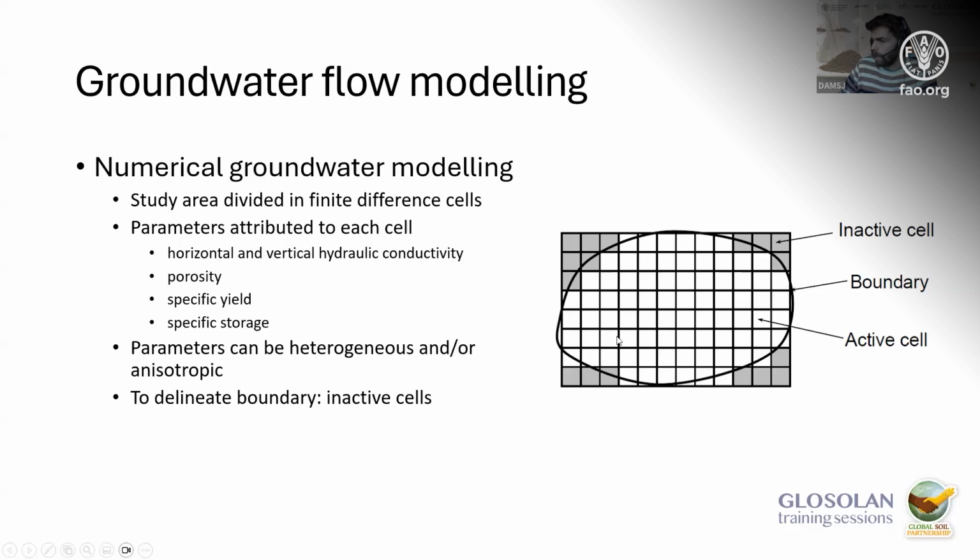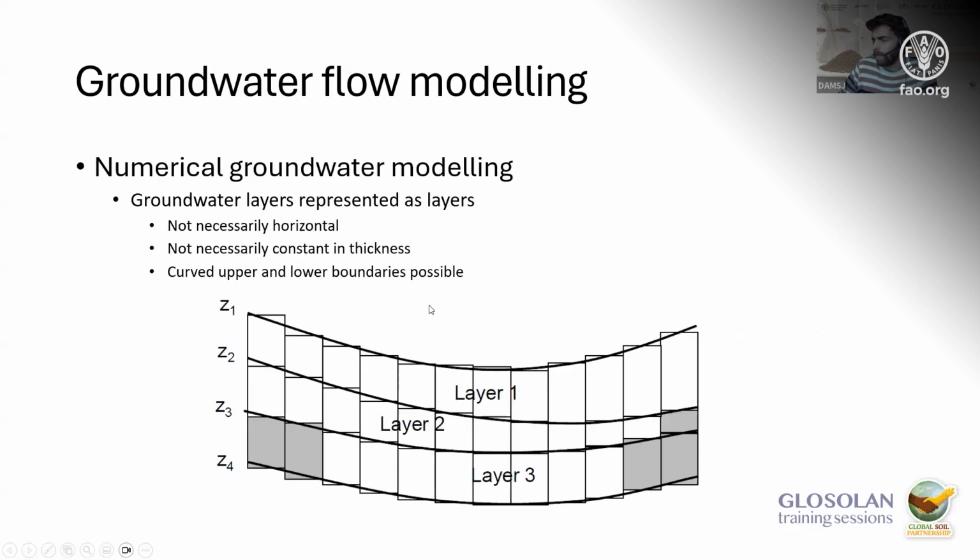And the boundary can be determined by inactive cells. Then also in the vertical direction, you want to have your hydrogeology represented in your model. So you can have different layers representing your hydrogeological layers, so that both the aquifers and the aquitards can be defined in these numerical models.